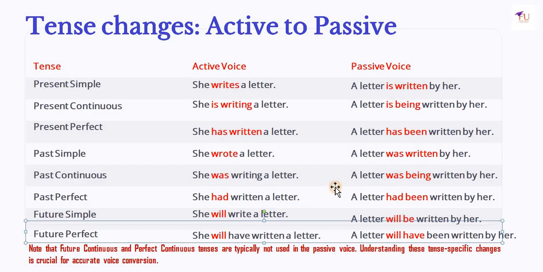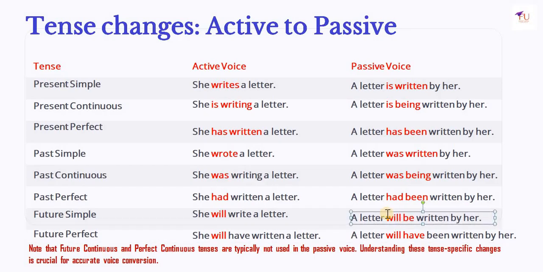A letter will be written by her. Two main changes: the helping verb change and the main verb change, and overall the change of subject and object plus the pronoun changes.